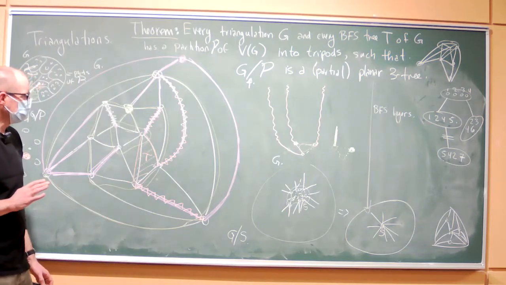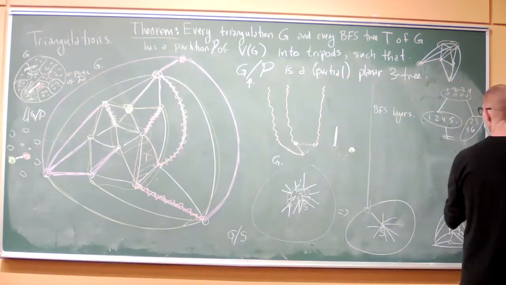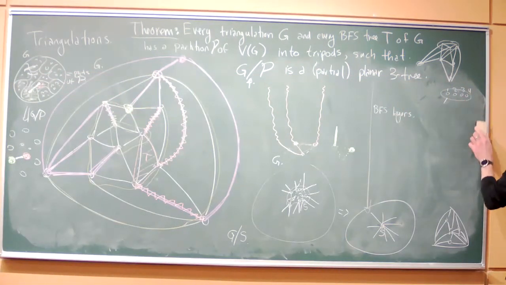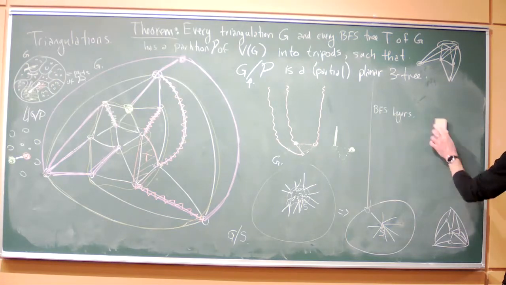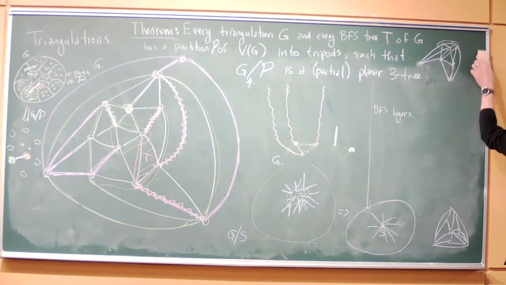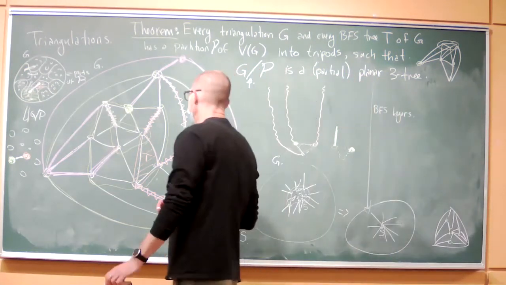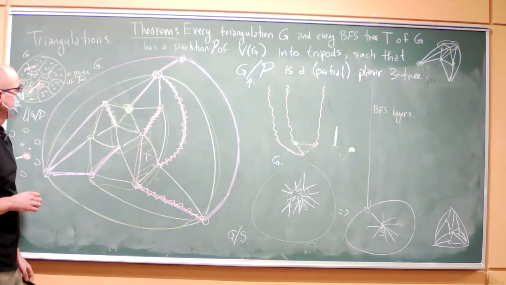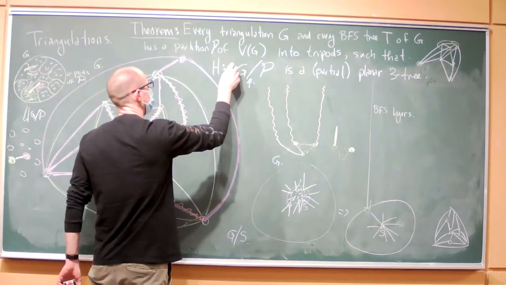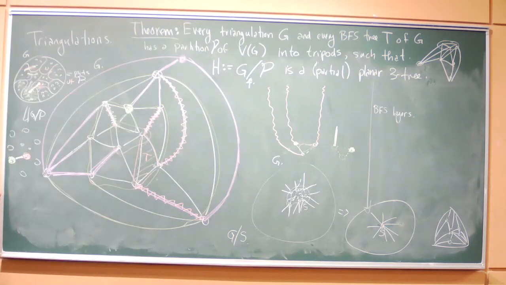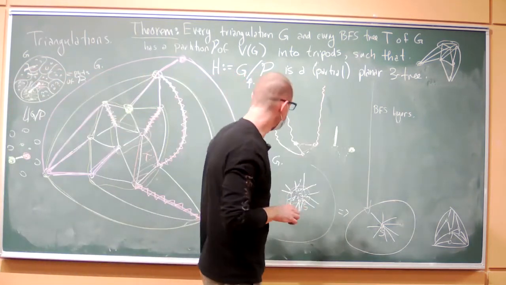So I'll explain a little bit why you might want to do this. So this graph here, the quotient graph, we call it H. And we've got these BFS layers.